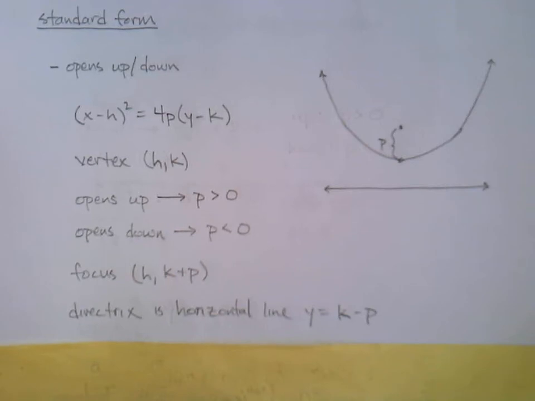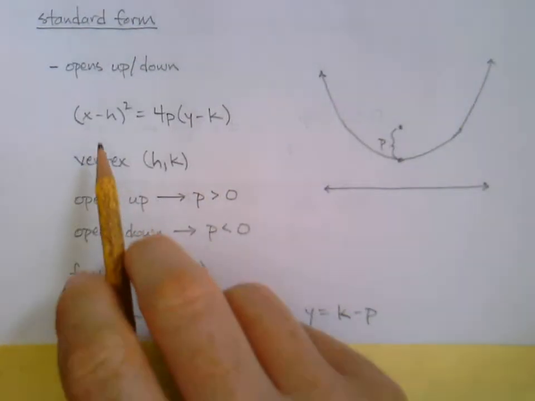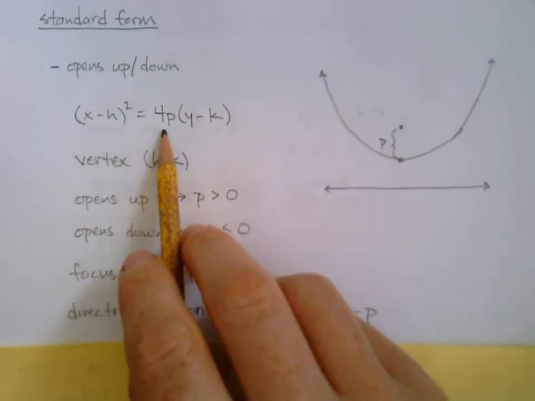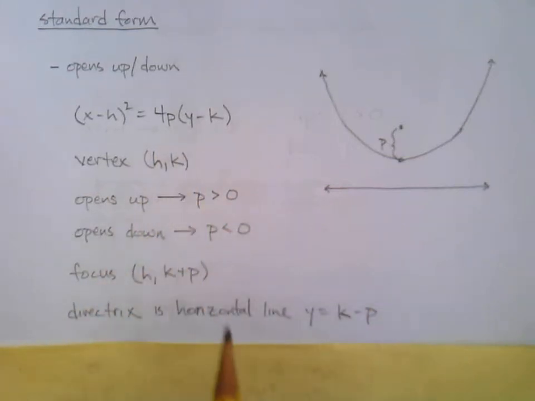We're going to define the equation a little bit differently. We're not going to define it as y equals. In fact, we're not going to isolate y or x at all. We're going to think of it as x minus h squared equals 4p times y minus k.